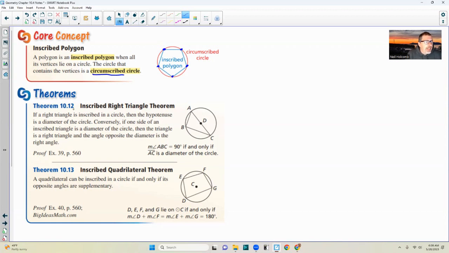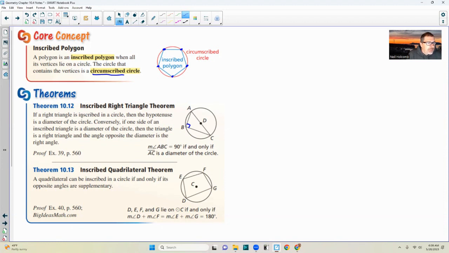Okay, so theorem 10.12, inscribed right triangle theorem. If a right triangle is inscribed in a circle, then the hypotenuse is a diameter of the circle. And I said that earlier in this chapter to explain why inscribed angles are half the intercepted arc. So what they're saying here is AC is a diameter, and therefore the measure of angle ABC is 90 degrees.